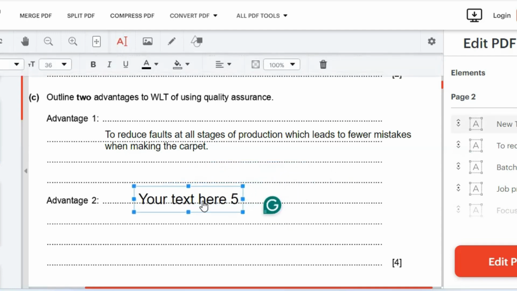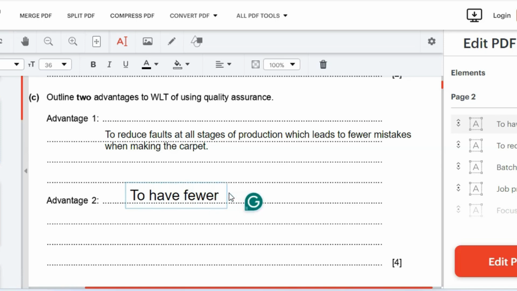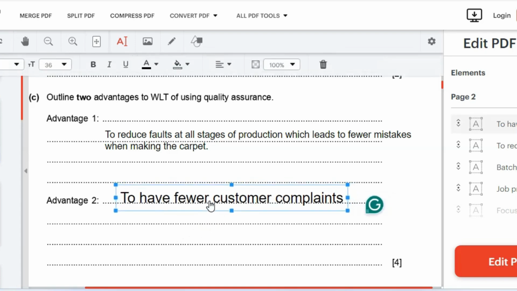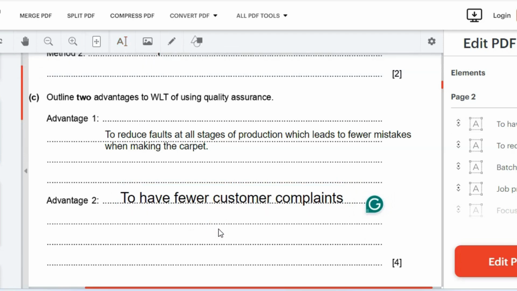Now, the second advantage of using quality assurance by WLT is to have fewer customer complaints. Yes, that is also one of the advantages of using quality assurance.